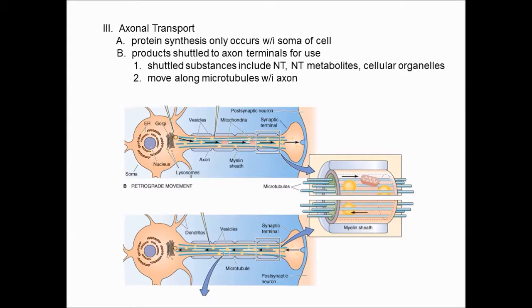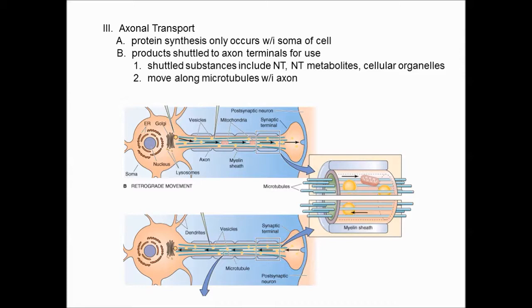And finally, another little comment about neurons. The protein synthesis primarily goes on, although there's a little bit of activity in the axonal ending, mostly in the ER and the Golgi apparatus of the cell body, and then the neurotransmitter must travel out to the axon terminal to be released, and they depend on axonal transport, these microtubules, for that to occur.